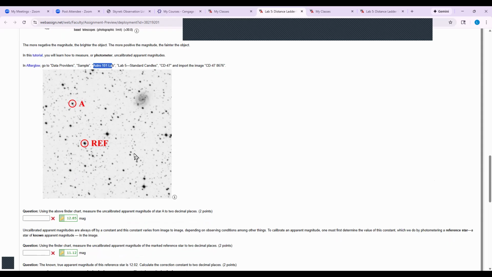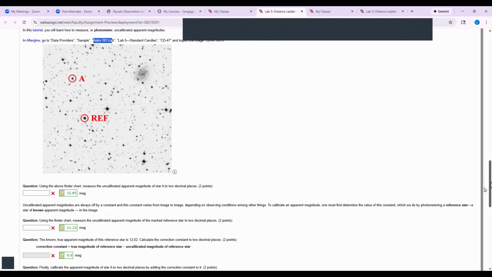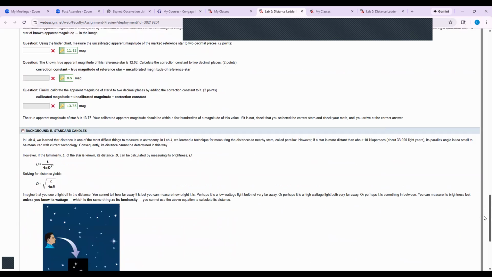However, a member of the AAVSO can assign a research project and ask for pictures like the ones that we have on Skynet and the LCO observatory, but those are not as easily programmed as Skynet. You have to do some post-processing, and you have to submit your proposal and they have to approve it, and then you go further after that. But these pictures that you see in Lab 5 come from a collaboration between Skynet and AAVSO, and this is one of them that we start with.